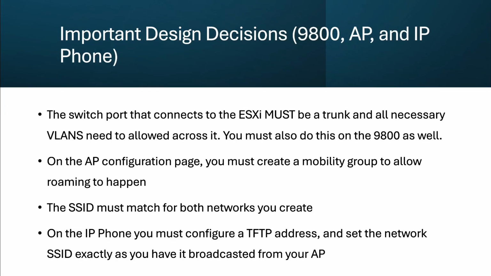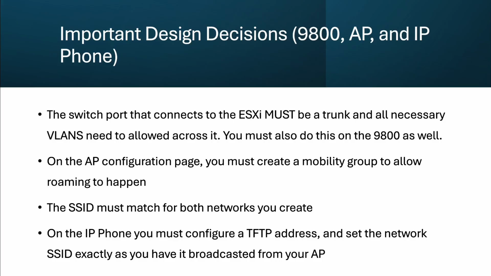All right, so now we're going to be covering some important design decisions for our 9800 WLC, our AP, and then our IP phone as well. So I have about 4 things here. Firstly, the switch port that connects to the ESXi has to be a trunk. And then you need to allow all necessary VLANs across it. And then you need to do it on your 9800 as well, on the Gigabit Ethernet 2 port.